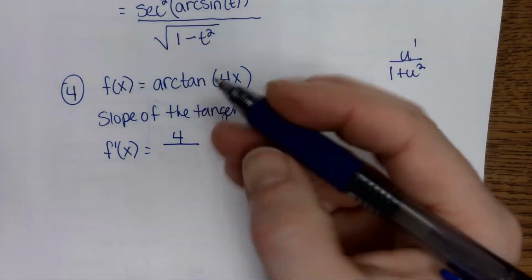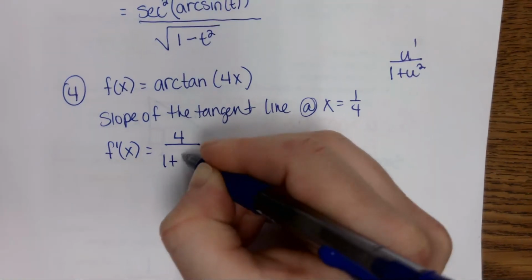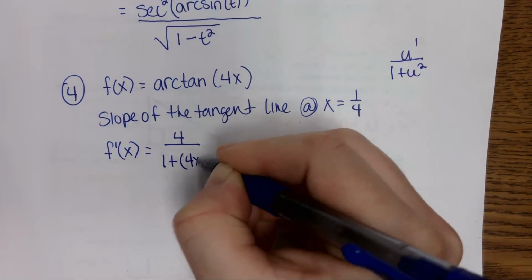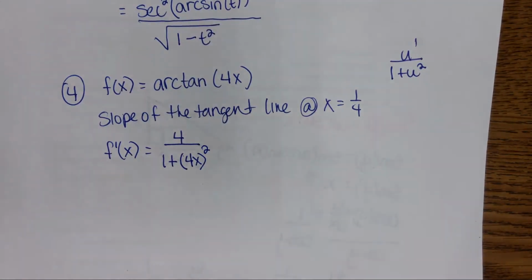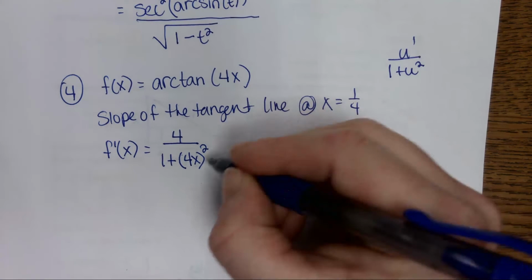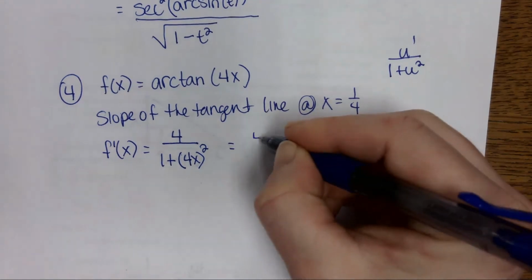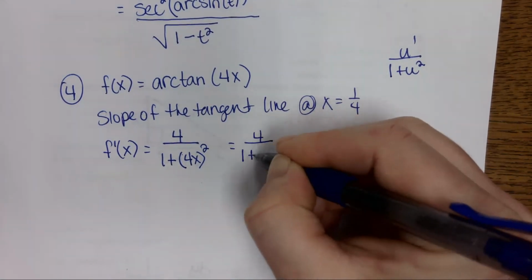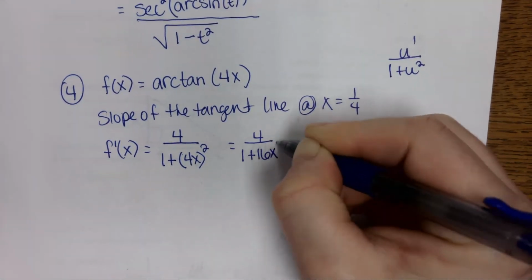So I'm going to write 1 plus, in parentheses, 4x squared. Be careful, that's not 4x squared. What is it? 4x times 4x. So it's 1 plus 16x squared.